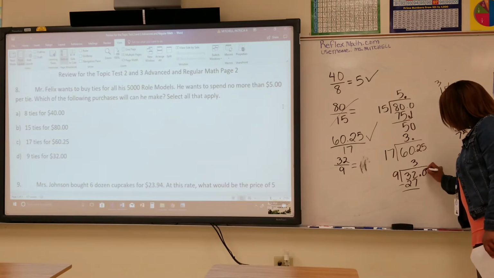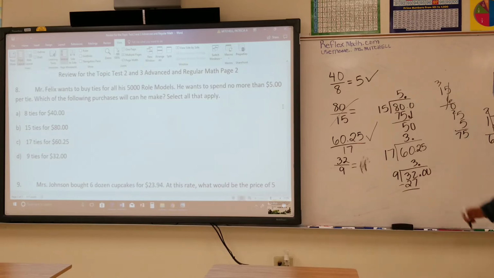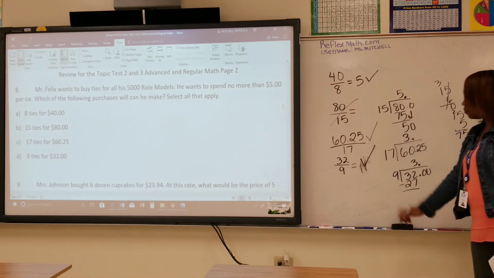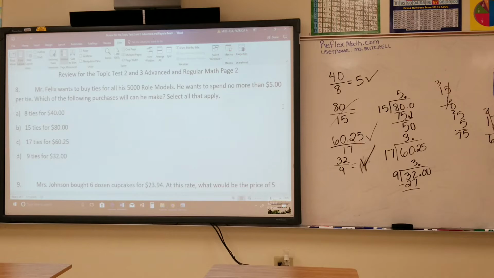Again, $3. $3 is less than $5. So therefore, we can make that purchase. So your answers should have been A, C, and D. He can make those purchases.